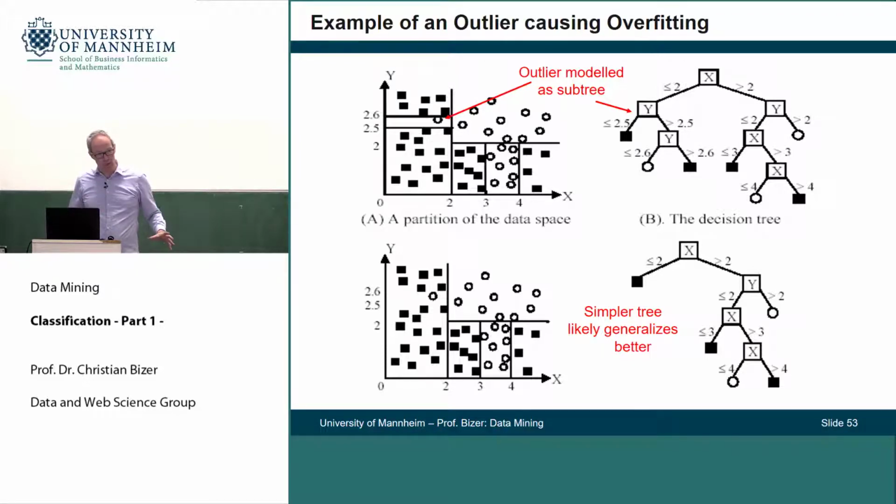So a very complex tree has become complex because of a single noise point in the data set, as we allowed the tree to become as large as it wants. So likely the lower tree doesn't perform that well on the training data. It makes one error on the training data, it's not able to correctly classify this one circle, but likely it works, according to Occam's razor, better on unseen instances.